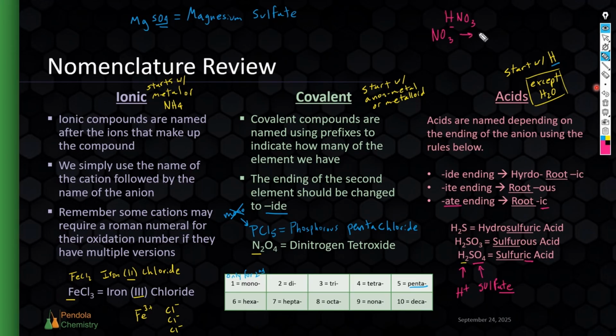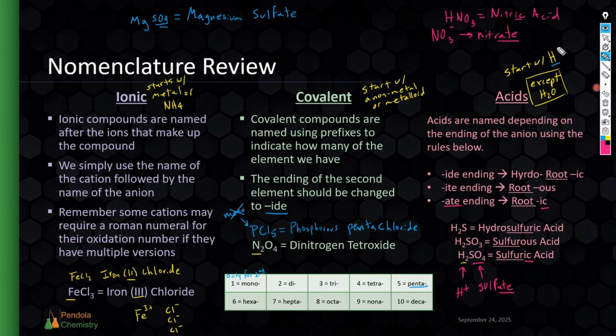This is a nitrate ion. And so if we want to name HNO3, because we have that "-ate" ending, we just change the ending to ic. So the root here is nit. So nitric, we change that ending, and we add the word acid to the end of the acid name.